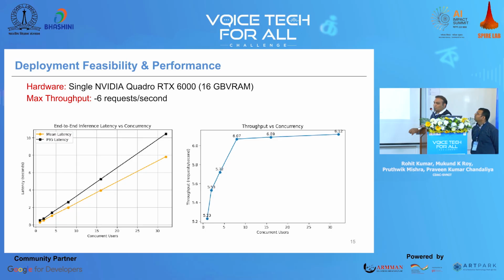We also wanted to test on RTX 2080, the beginner level of GPU. On that, our max throughput was 6 requests per second, and the throughput and the mean latency for concurrent users, you can see here.